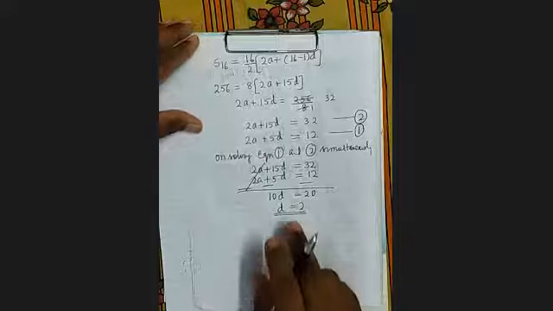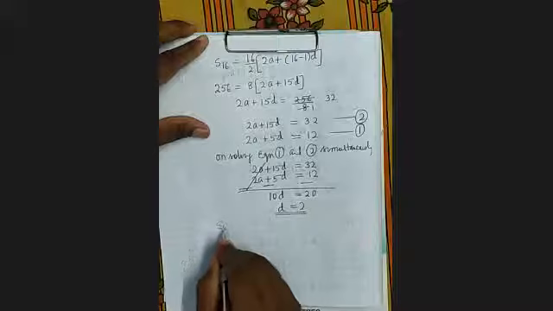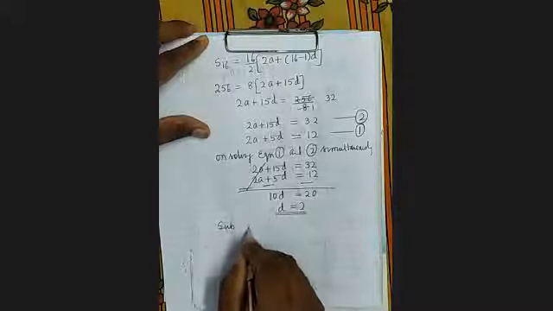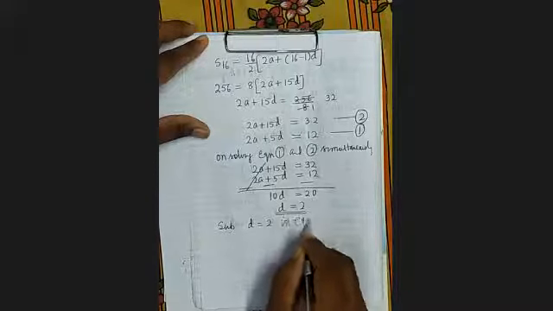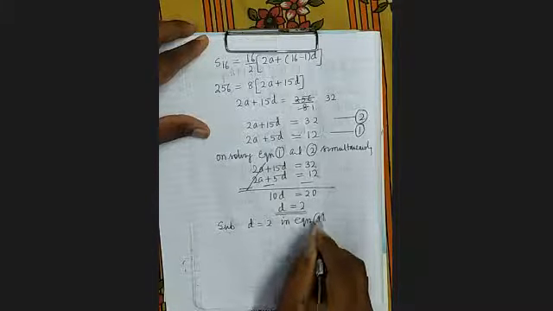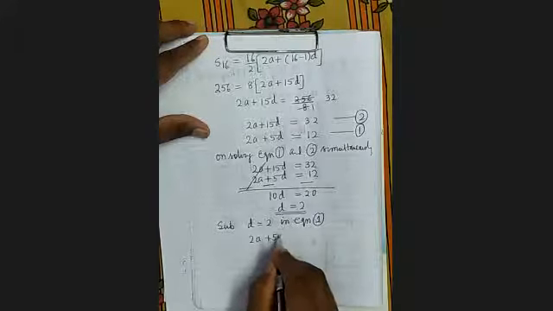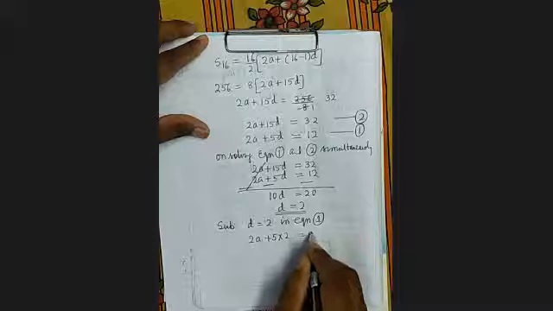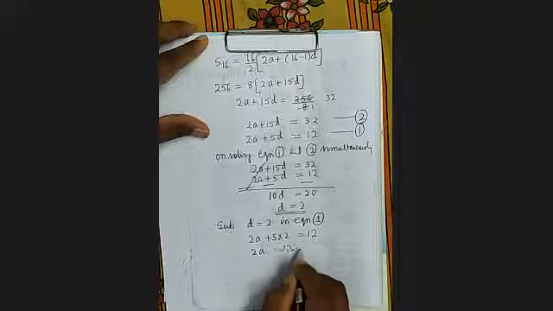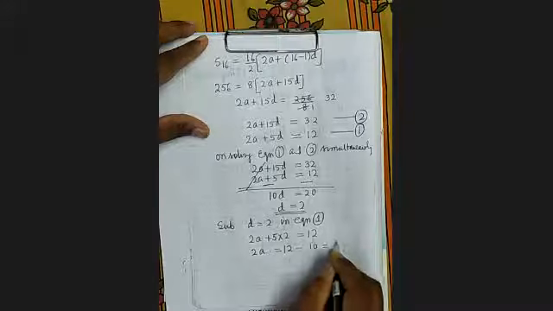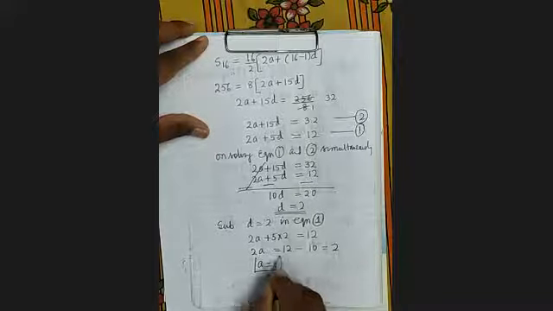Now substitute d equals 2 in equation 1. So 2a plus 5 into 2 equals 12. So 2a equals 12 minus 10, that is 2. So a equals 1.